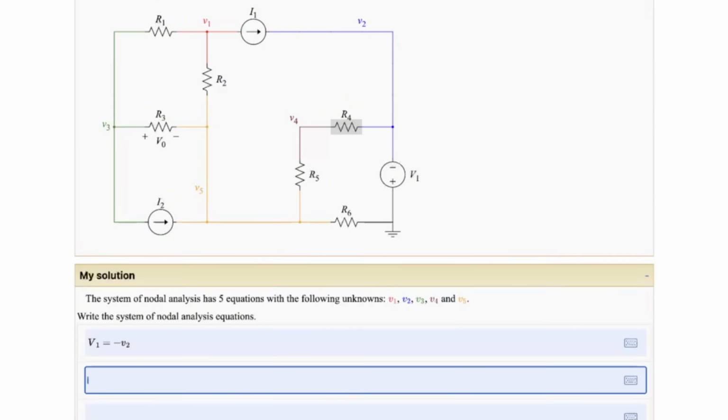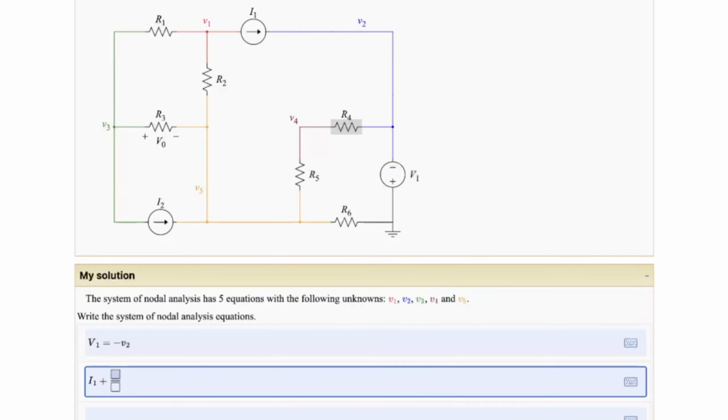I don't see any other voltage sources, so let's go to V1 at the top here and do some KCL work. To start, we have I1, which is a current source going out of the node, so it's going to be positive. I1 plus, let's find the current going across R2 from V1 to V5.